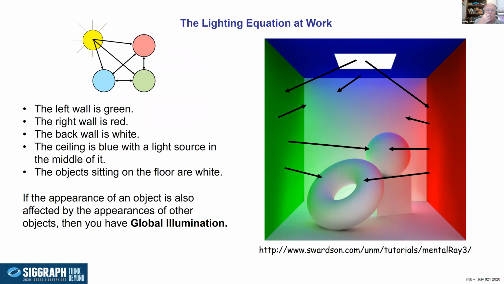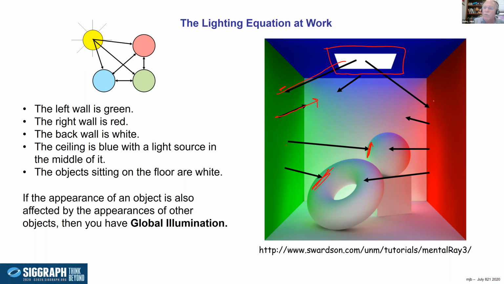Okay, here's a great example of this. And you can see there's a lot of bleeding going on. The only light source in this scene is right here. And light from there is hitting the wall, but then the wall is reflecting out, and you can see some green here. You can see a lot of green here on the torus.